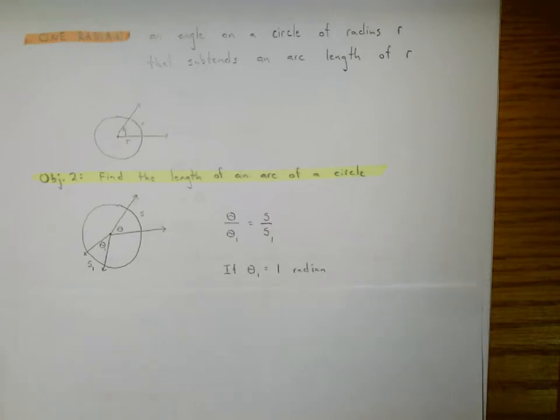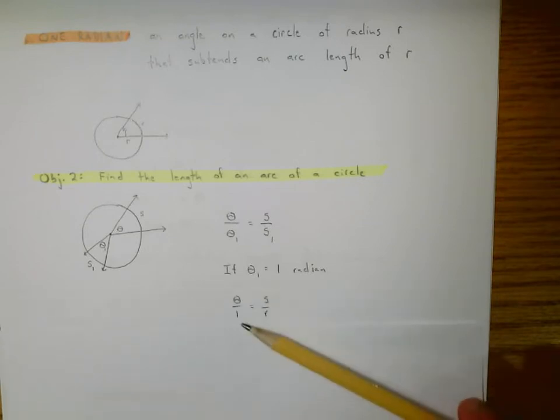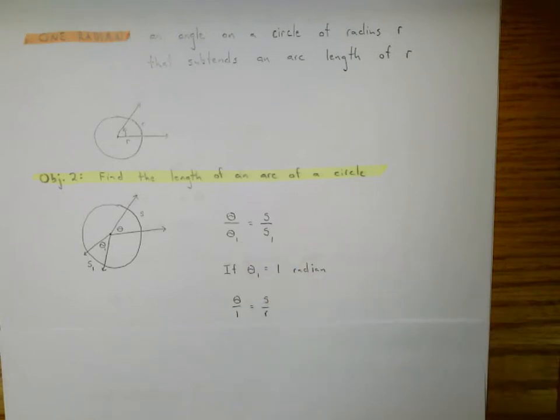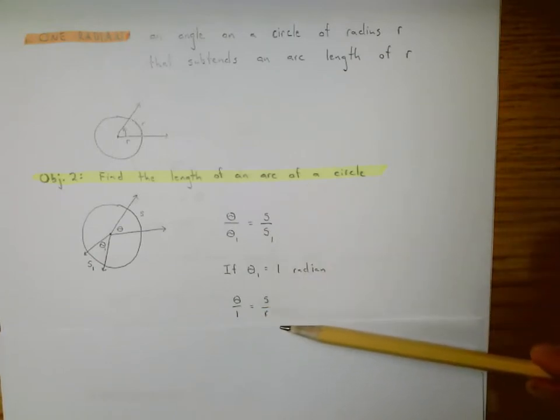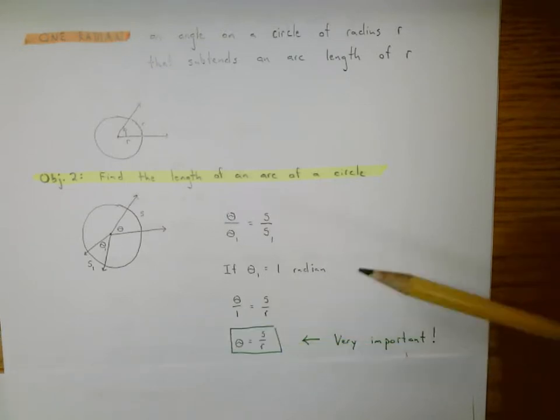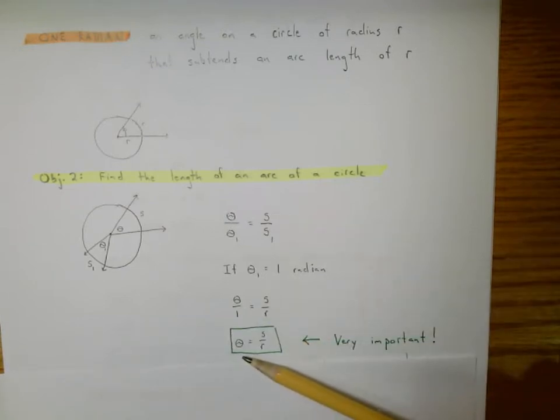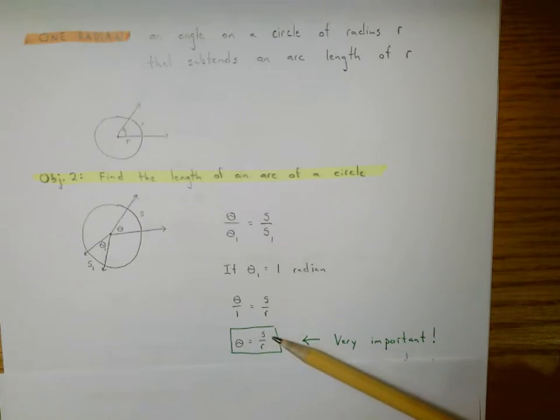If I define one of my angles to be 1 radian, and I've chosen that, then I can substitute that 1 into the proportion. When I do so, based on my definition up above, I know then that the arc length I subtend has to be the radius of the circle. Over here, dividing by 1 is an identity, so I end up with this, that the theta, the angle measure, is equal to the arc length subtended over the radius.